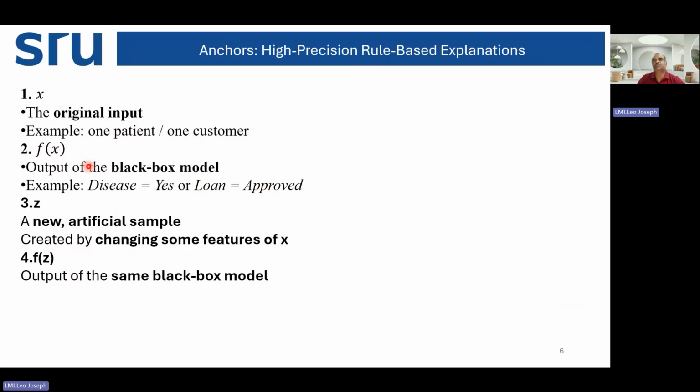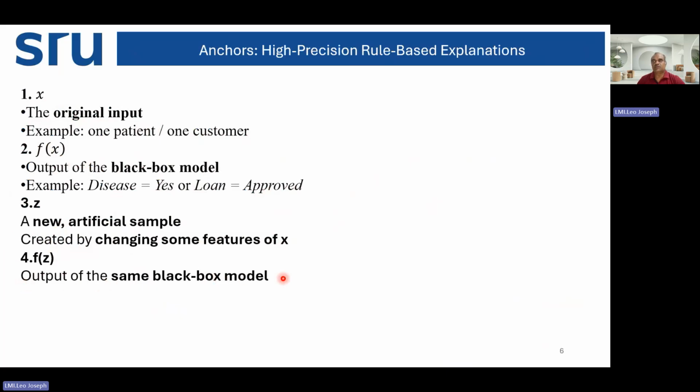Perturbed samples mean they are not real. The instances will be changed slightly and we are generating some synthetic values for analysis. If we change the value, what will the model do? If I change this value, what will be the model prediction? Like that, we are slightly changing the values ourselves. So f(z) is nothing but the output of the sample.